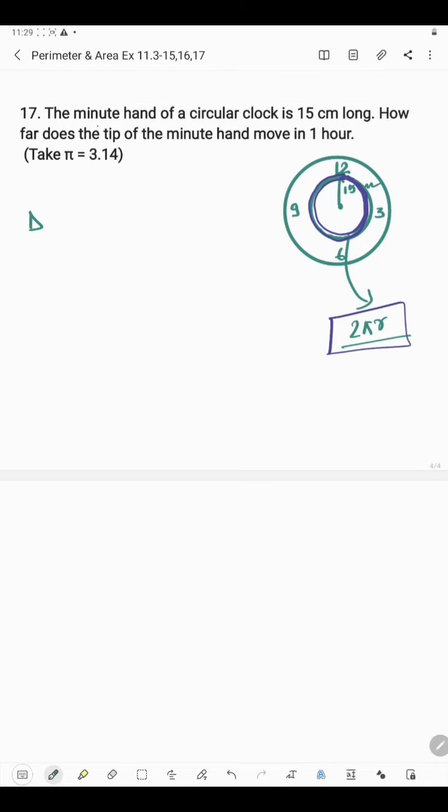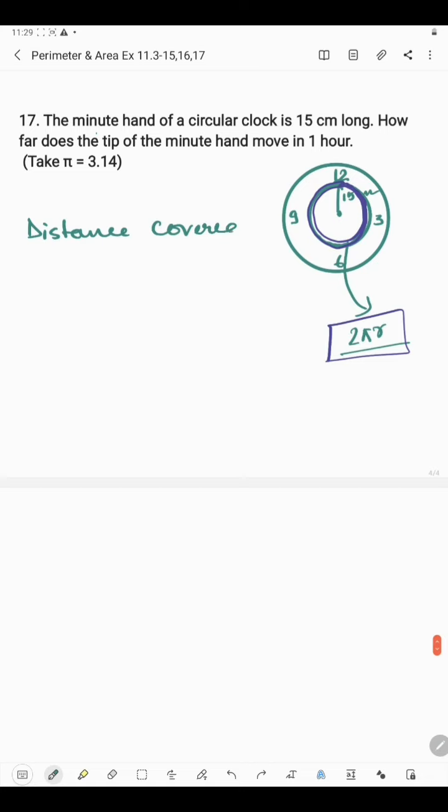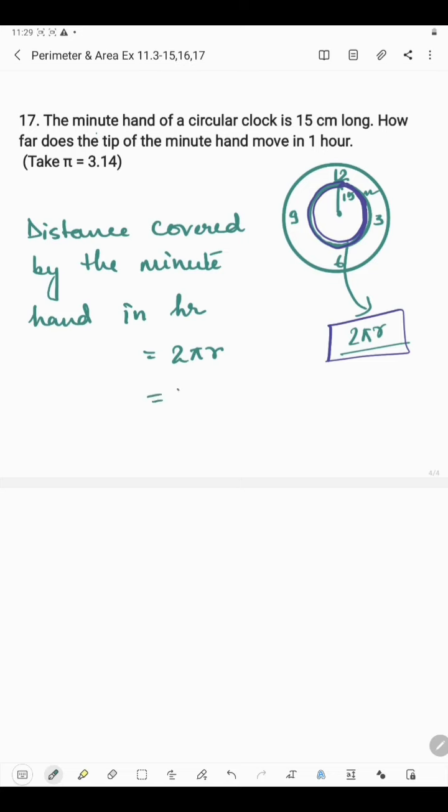So we write distance covered by the minute hand in 1 hour is equal to 2 pi r. Now 2 will remain the same.